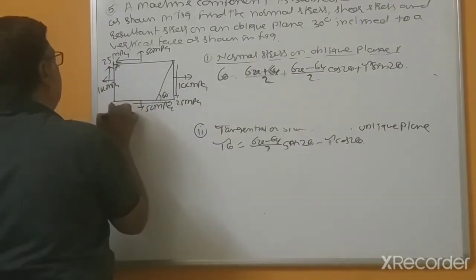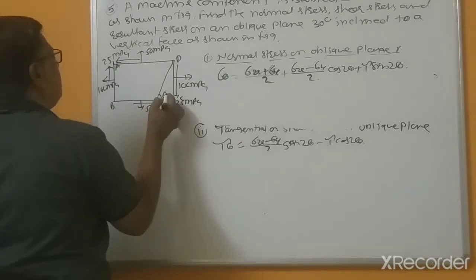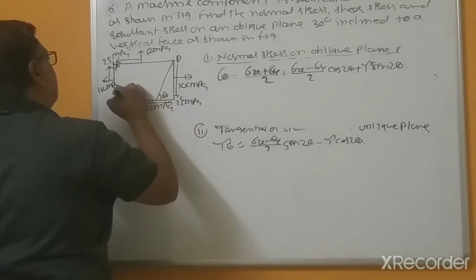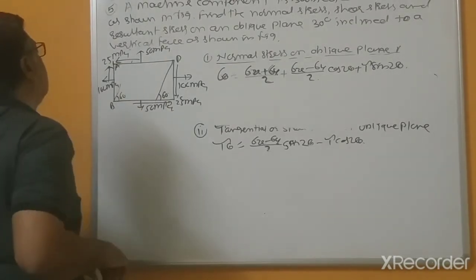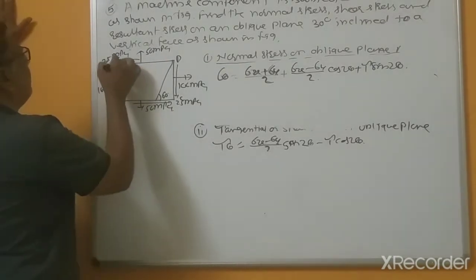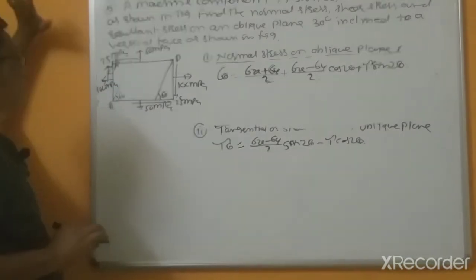This is A, B, C and D. Now we have to shift these angles. Here this is 60 degree, so that's why this is minus 30.